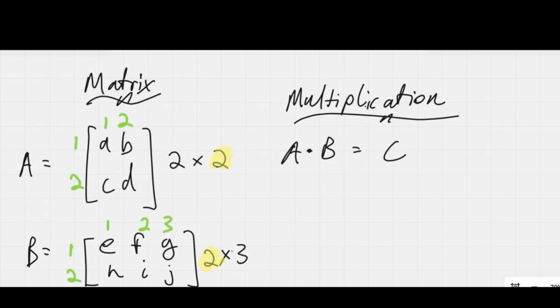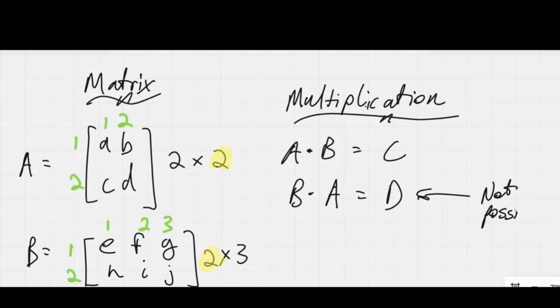And the process of matrix multiplication, I'll go through that in the next few moments. But the idea is that looking at the dimensions of both of these matrices, we should be able to make a judgment as to whether we can multiply them together. And so as such, when we're asked whether or not we can multiply B times A, for example, well then, that's not possible. This example here is not possible.